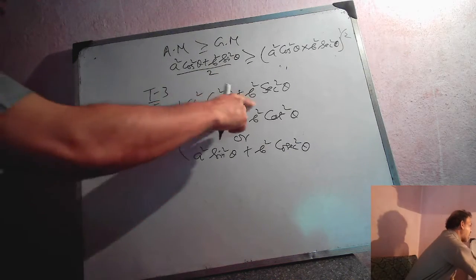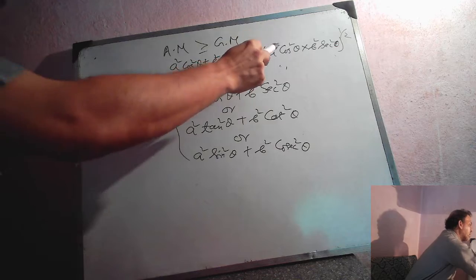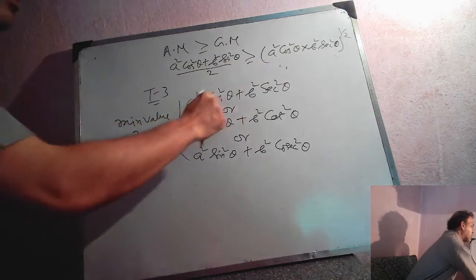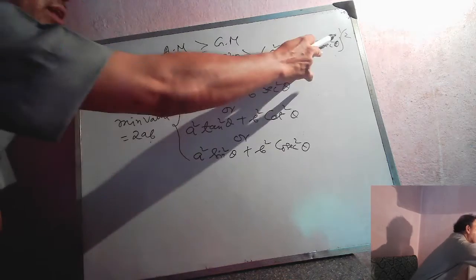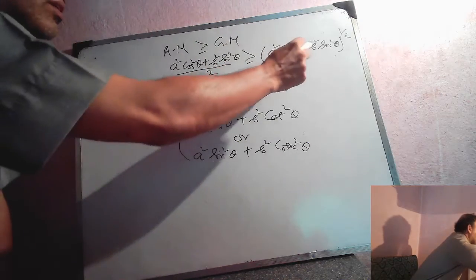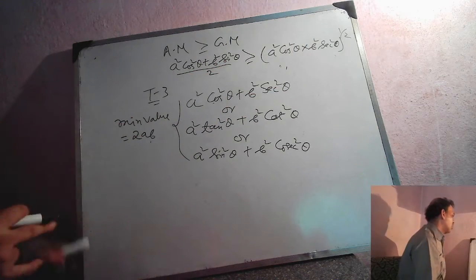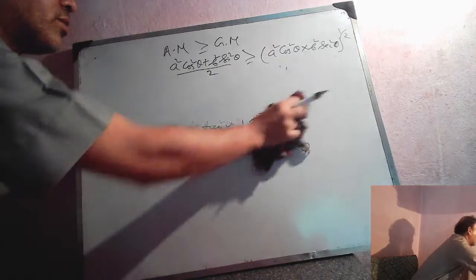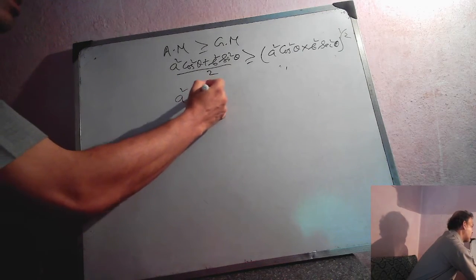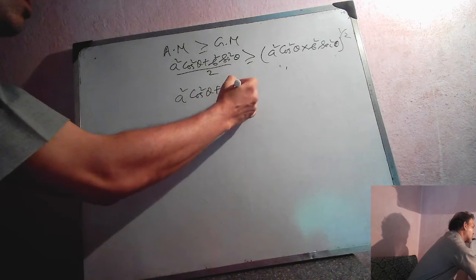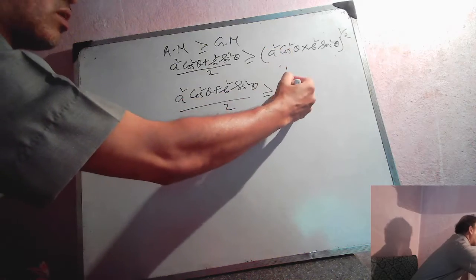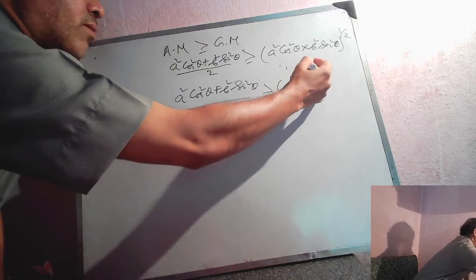Arithmetic mean is the sum divided by number. Geometric mean takes the product of these two numbers, and the power will be half as there are only two terms. If there are three terms, we have to write 1 by 3. Now cos square theta into sec square theta is 1. So a square cos square theta plus b square sec square theta, by 2, is greater than or equal to a square b square to the power half.